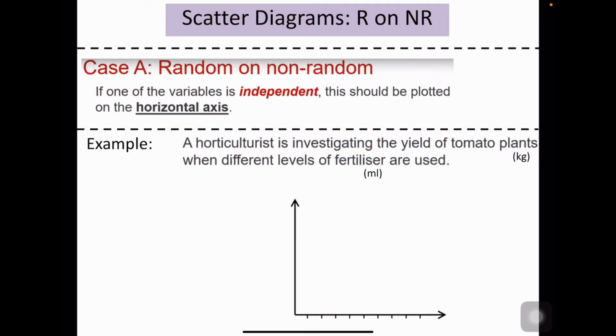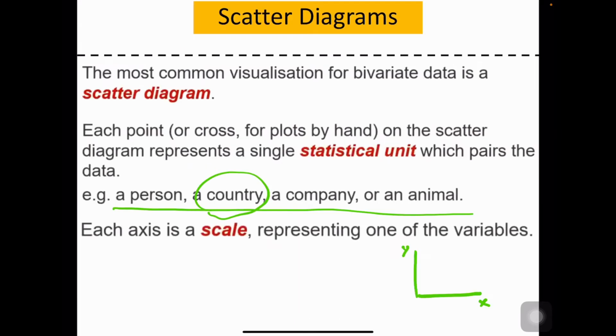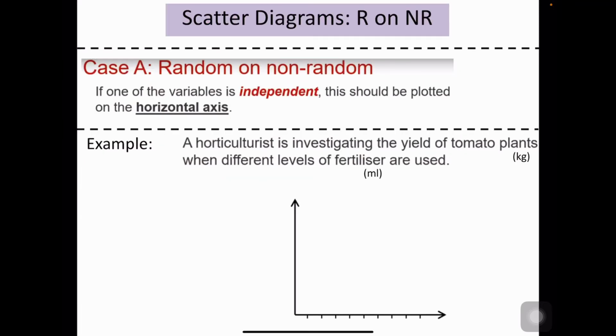So we have a scatter diagram here for a random on non-random case. A horticulturist is investigating the yield of tomato plants when different levels of plant fertilizer are used. So firstly, our individual plants are going to be our statistical unit, and now we need to think about what goes on the x-axis and what goes on the y-axis.